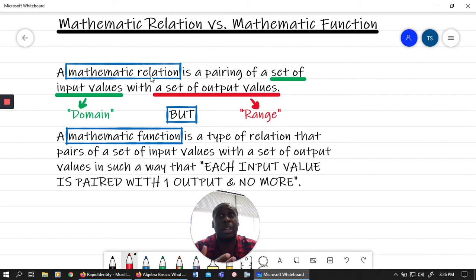A mathematic relation is a pairing of a set of input values with a set of output values. And again, in math, we call that set of input values the domain, and we call the set of output values the range. But what sets a mathematic function apart from just a relation is that a mathematic function is still a type of relation, but it's set up in a way that each input value is paired with only one output and no more.